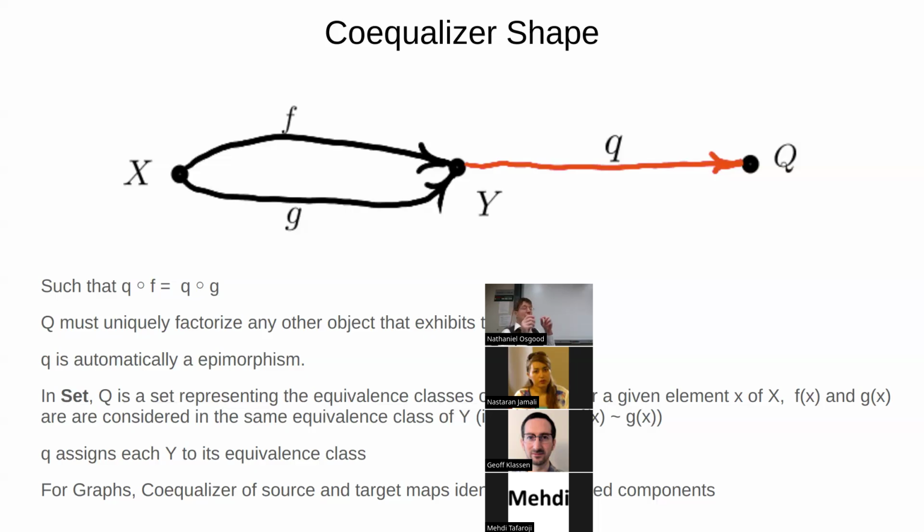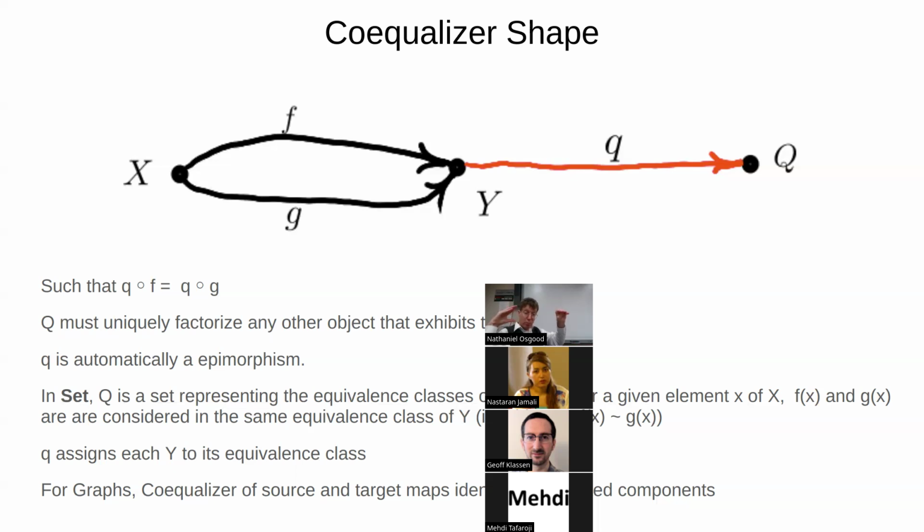Because it's collapsing down Y, it's collapsing the two vertices where A was mapped, and the two vertices where B was mapped. They got mapped down to the same thing.